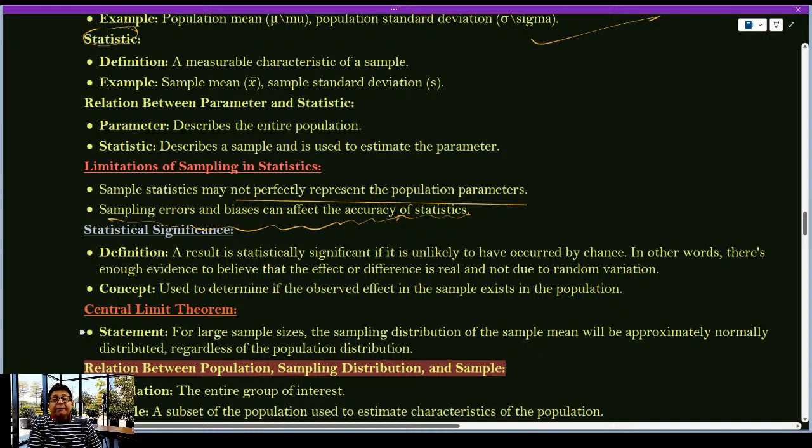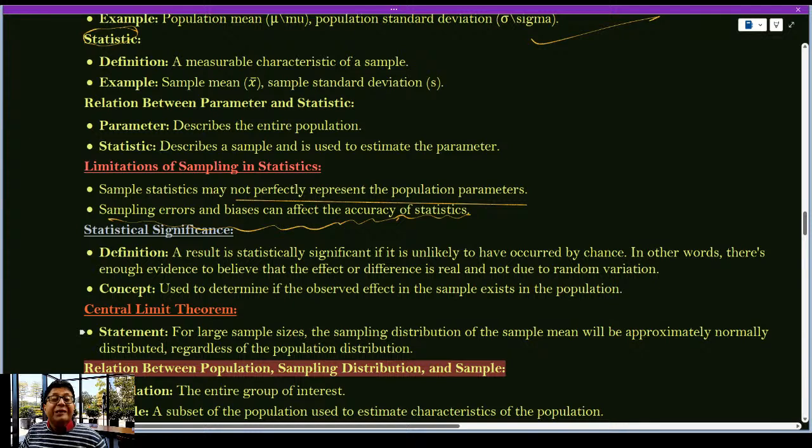It is significant if it is unlikely to have occurred by chance. Okay? In other words, there is enough evidence to believe that the effect or difference is real and not due to random variation.